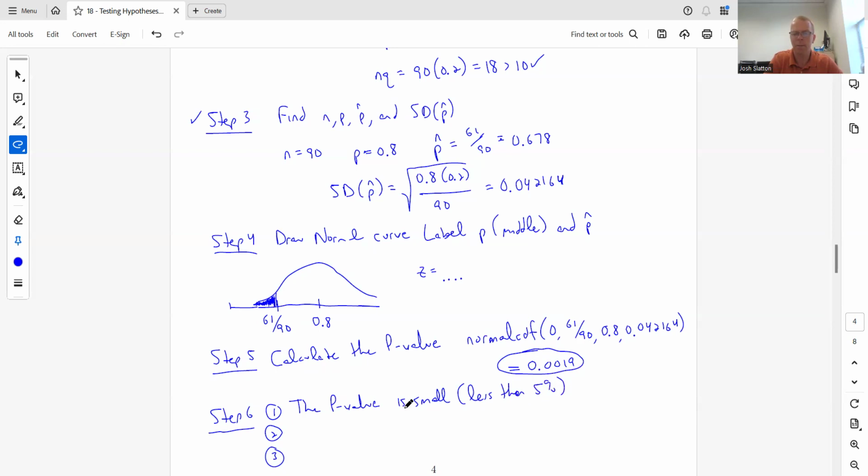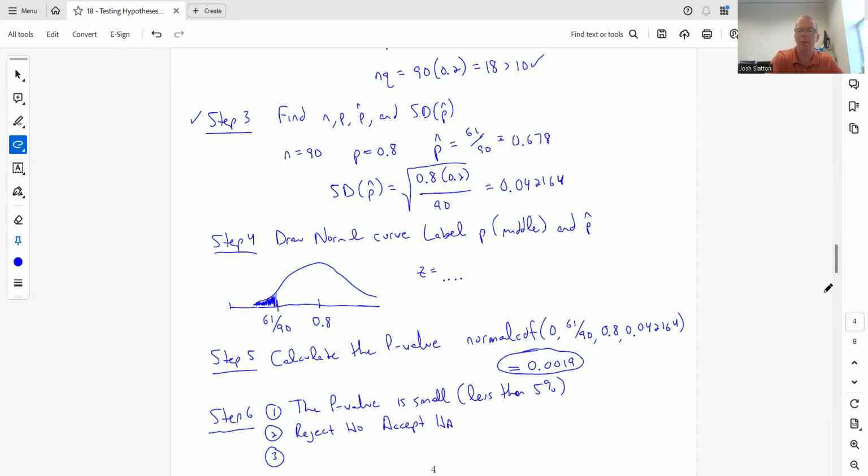less than 5%. If you go back to the earlier video, page 3, maybe page 2, if the p-value is small, we're going to reject the null hypothesis. And if we are rejecting the null hypothesis, we are accepting the alternative. And if we're accepting the alternative, that must mean there is evidence that p is less than 0.80.